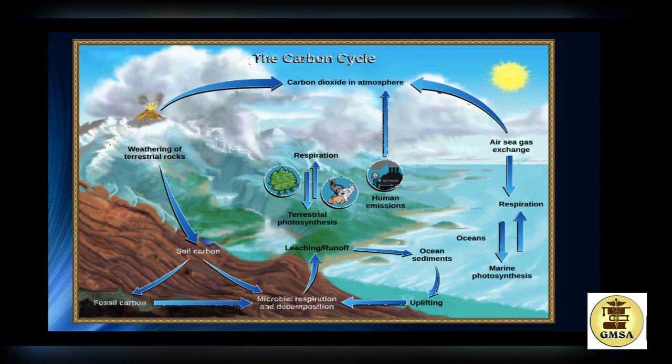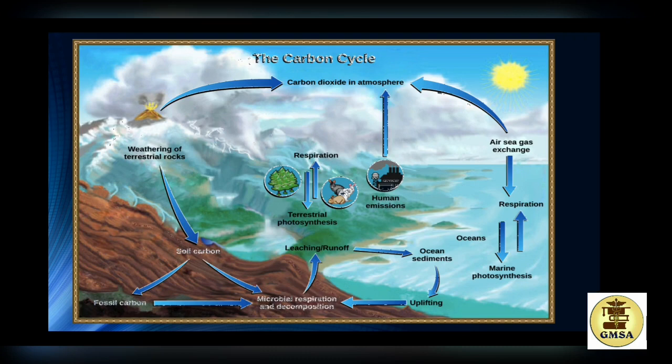Once the organisms living in these terrestrial and aquatic environments consume these primary producers, the carbon would be incorporated into their bodies, and as the trophic food chain continues, the higher levels in the food chain will obtain the carbon by consuming the organisms from the lower trophic levels.